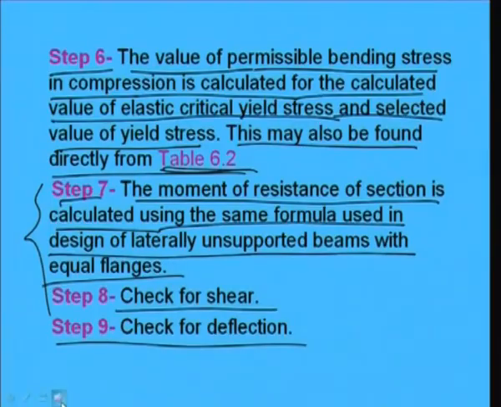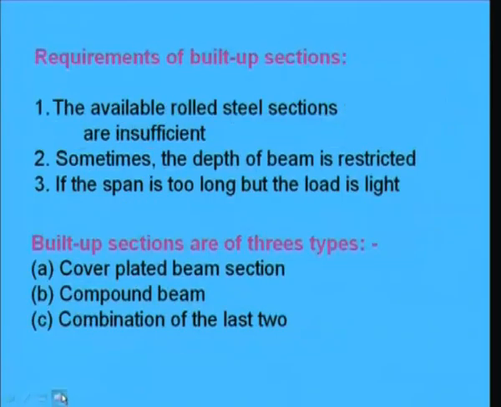So, what I was discussing in the beginning of today's lecture, that is the built up section. The gist of the requirement of the built up sections can be told in this way, that the available rolled steel sections are insufficient to carry a high magnitude of load.